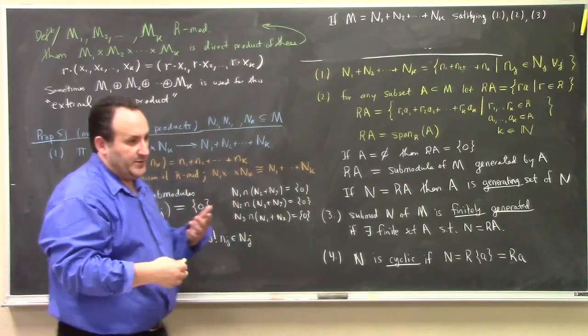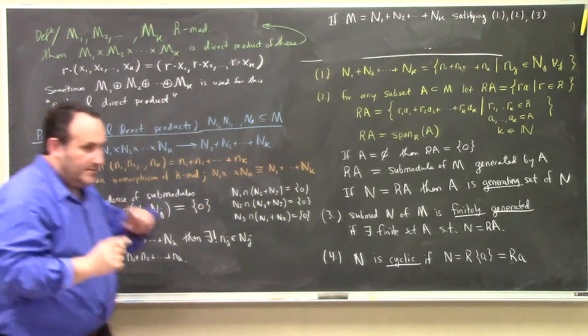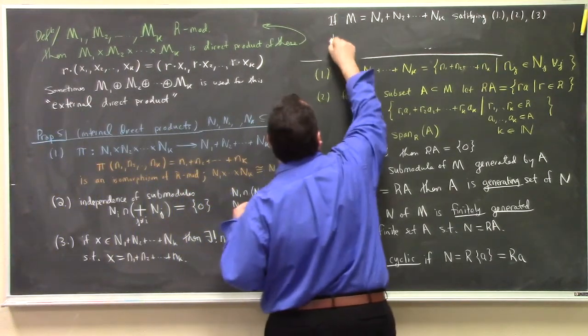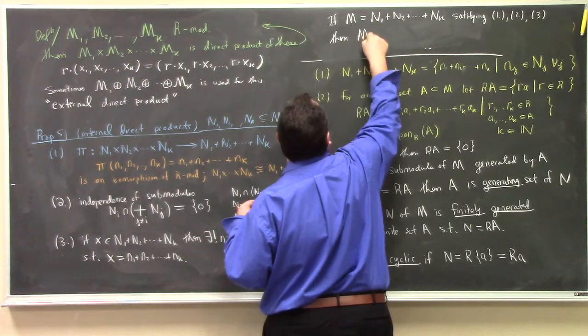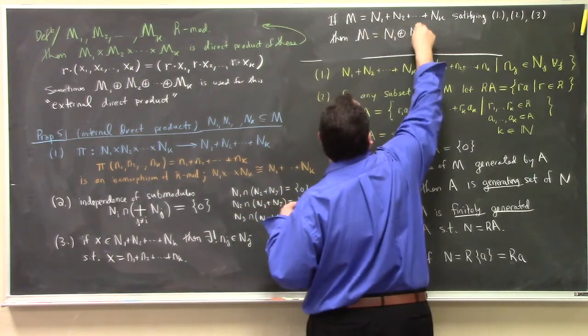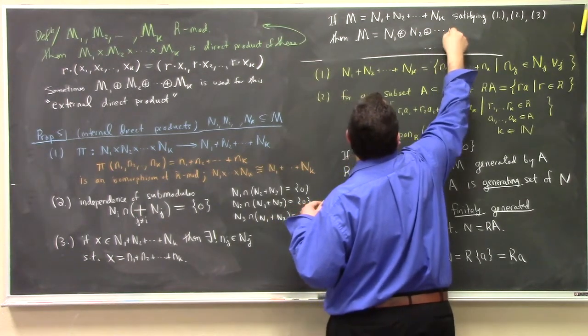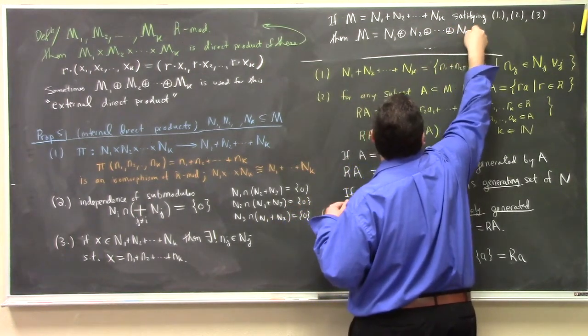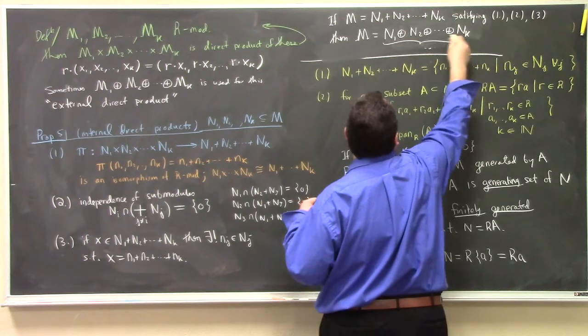That's a theorem following our equivalence. Then we write M is equal to the direct sum of these, and this is known as an internal direct sum.